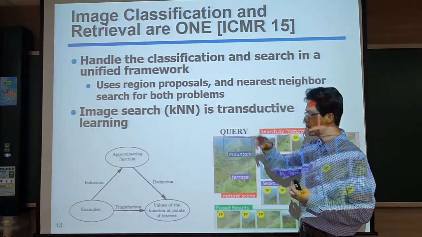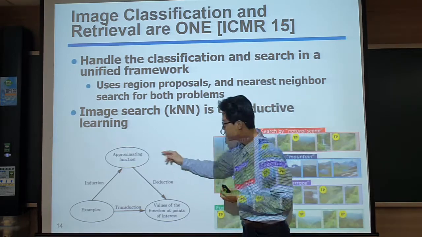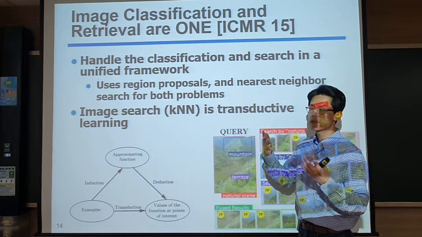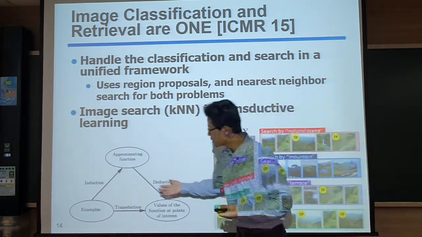Then we can transfer that information from the nearby images to the query, and say that the query image also has a cat, right? That's the example of transduction.